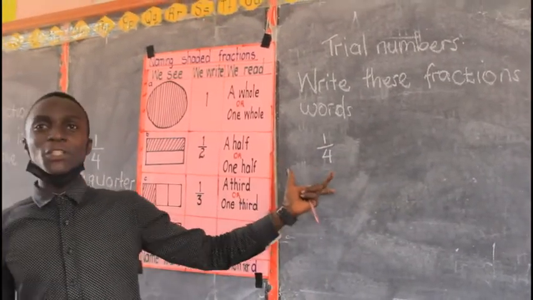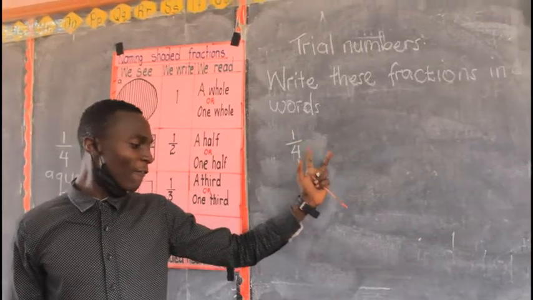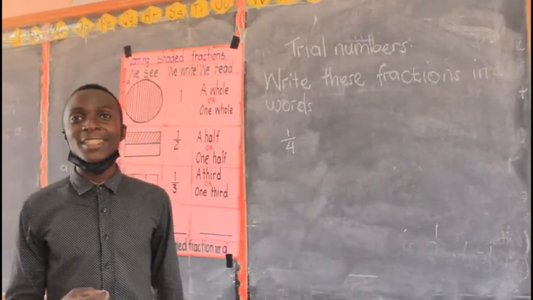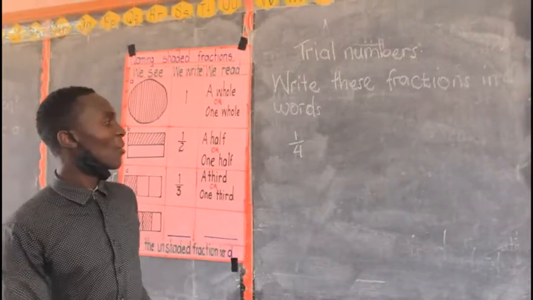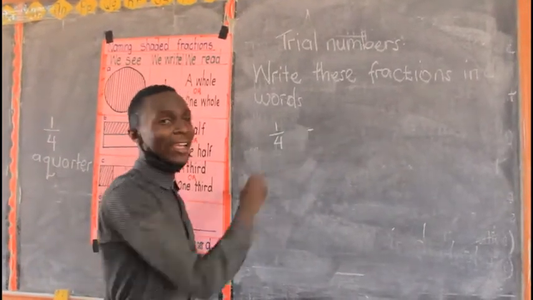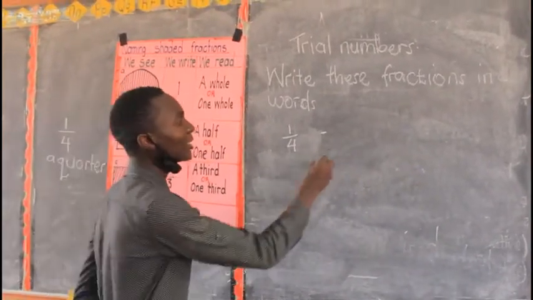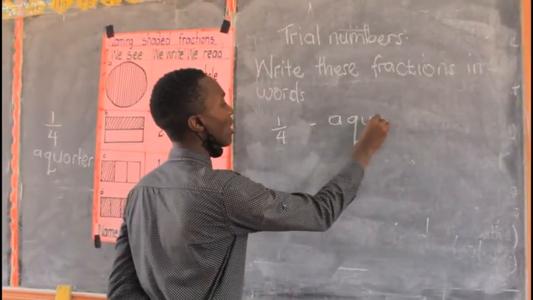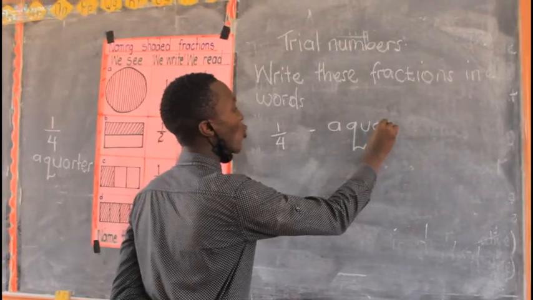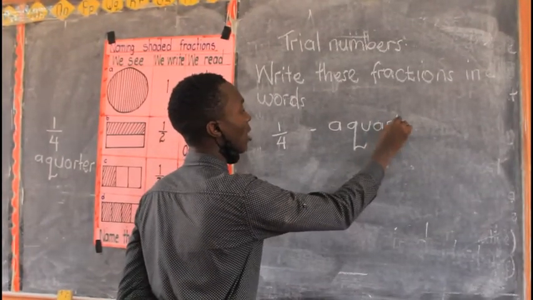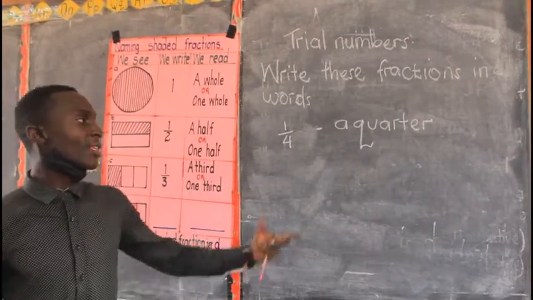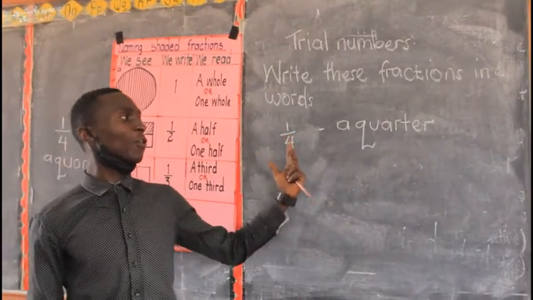How do we write this fraction in words? We say this is called a quarter. This is the fraction 1 out of 4.